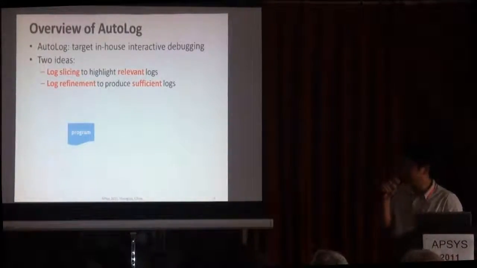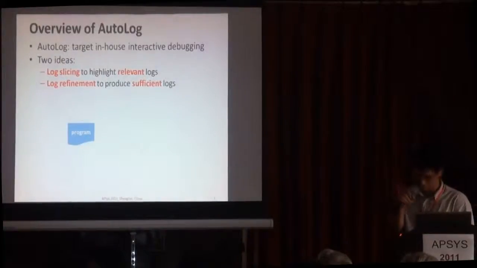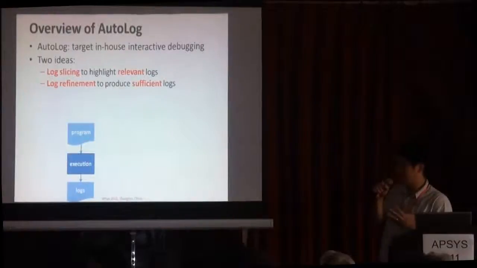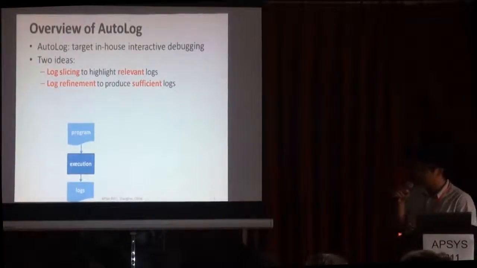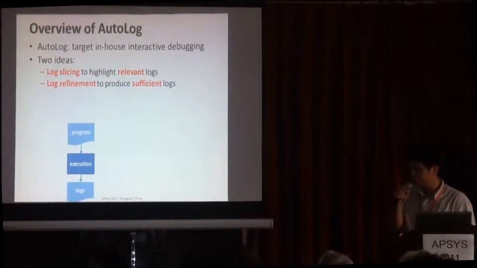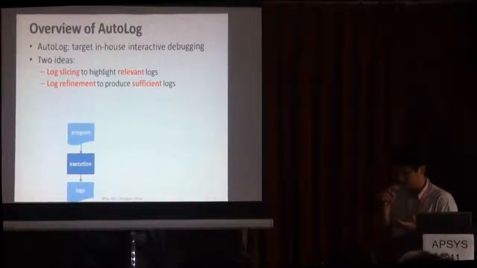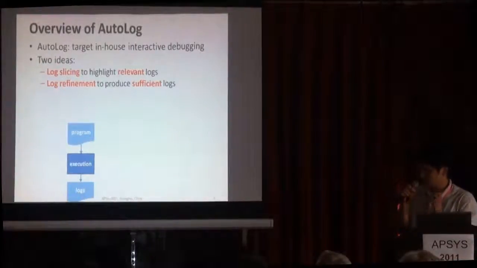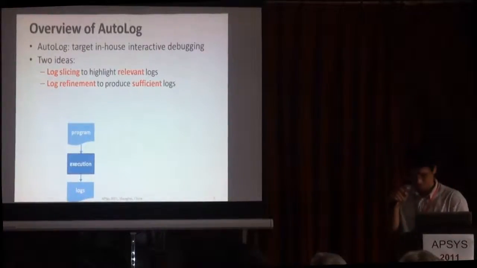And here is a high-level workflow of AutoLog. First, the program is executed as usual and hits the bug, triggering a failure and also generating a lot of logs. Here we assume that at the beginning of each debugging session, the failure can be observed in the logs. It can be one line of error message, an exception, or an assertion failure.